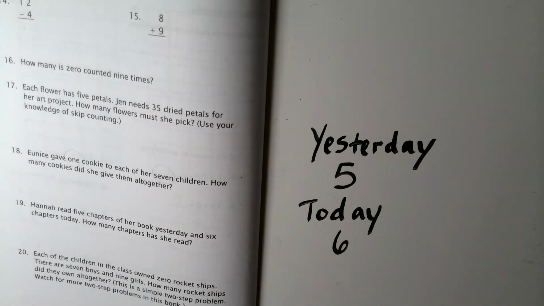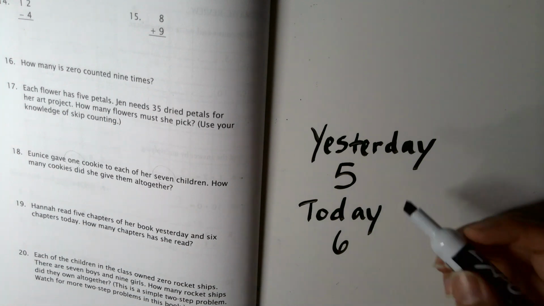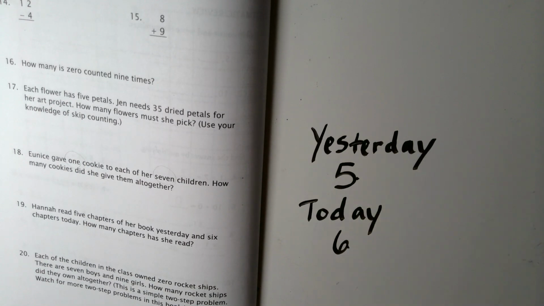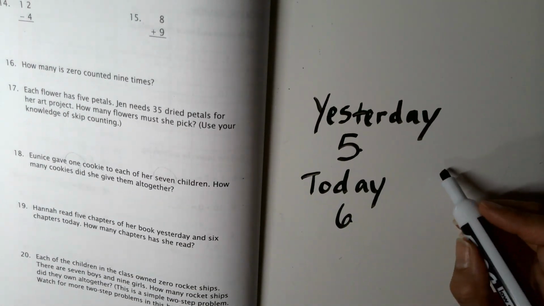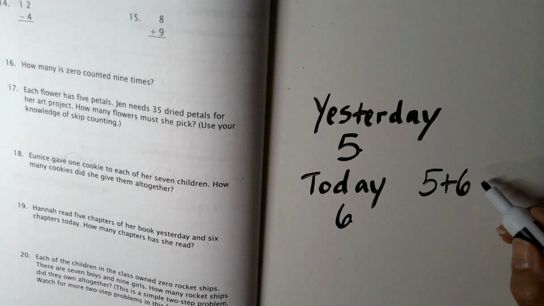And it says, how many chapters has she read? So they want to know how many altogether. If we know it was 5 yesterday and it was 6 today, then do we have to multiply or just add? It's just adding. So this would just be 5 plus 6, and that would be 11.